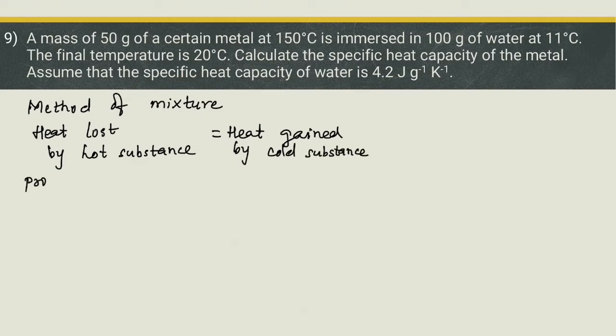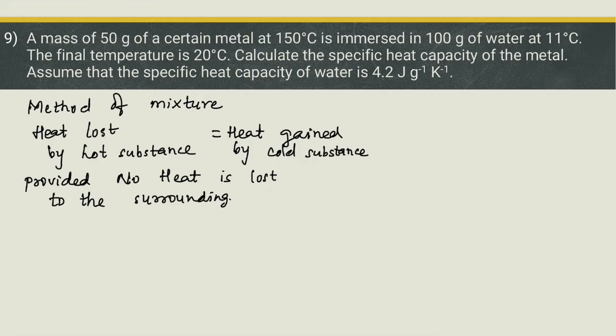The condition is no heat is lost to the surrounding. No heat is lost to the atmosphere. No heat is lost to the surrounding. So under this condition, heat energy lost by hot substance is equal to heat energy gained by cold substance.